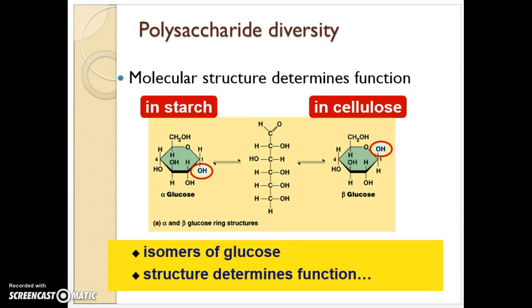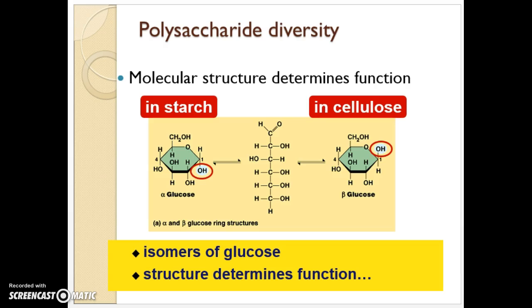Now, the significance of these two different forms of glucose is really interesting because of the difference between starch and, for example, cellulose. Starch is an energy storage polysaccharide and cellulose is a structural polysaccharide.